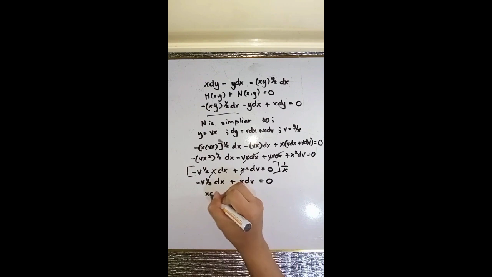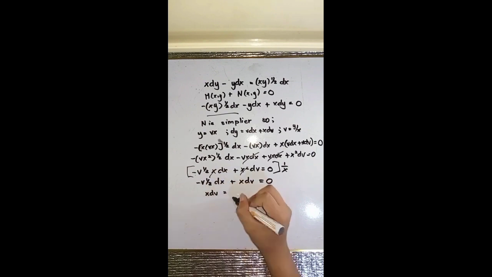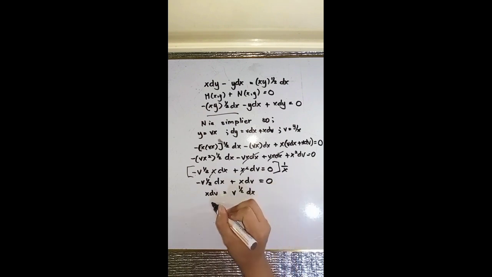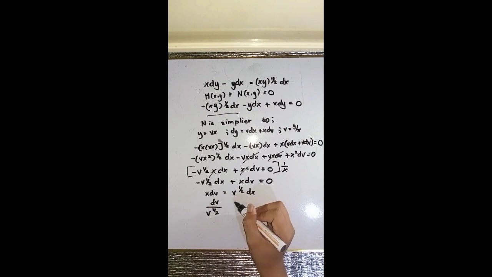So x dv equals v^(1/2) dx, so dv over v^(1/2) equals dx over x. Now we've separated them, we can now integrate both sides.